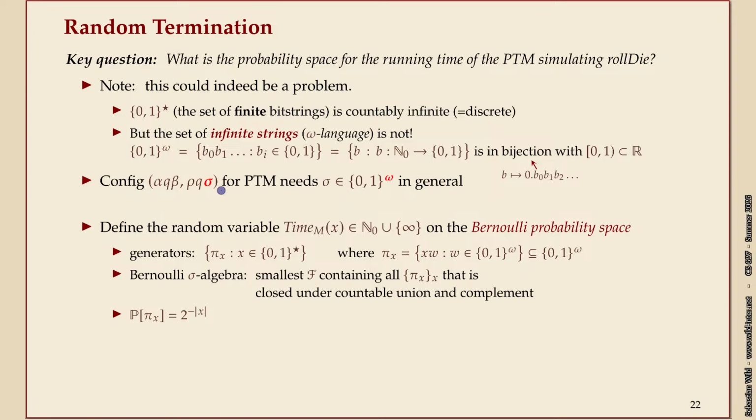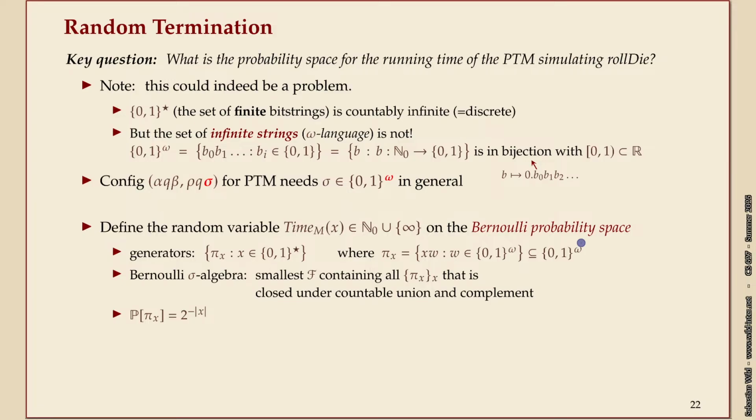What we need now is a proper probability space for these infinite bit strings, because that's what we want to take expectations over and compute probabilities from. It turns out that's a known thing: the Bernoulli probability space.